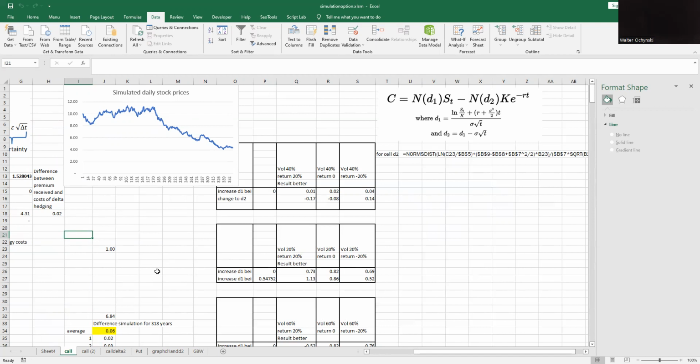But the results of the simulation also depend on the assumptions: what was the volatility and what is the assumed return. So I made the simulation here. I kept the volatility in the first table, and I show this here, you can see on the screen.